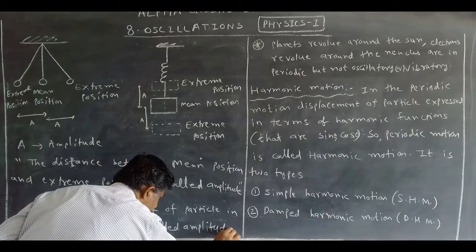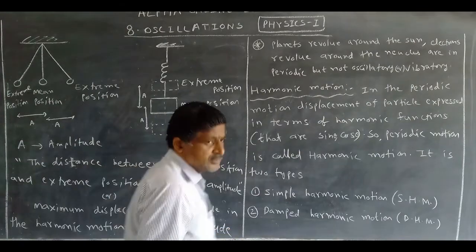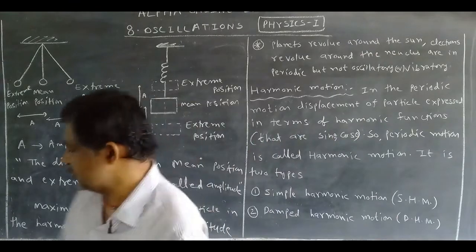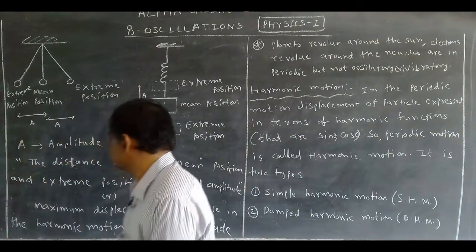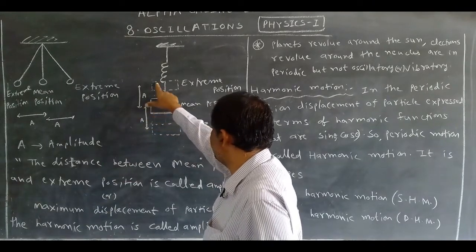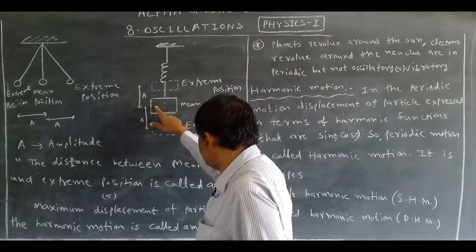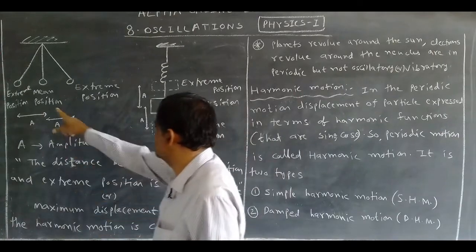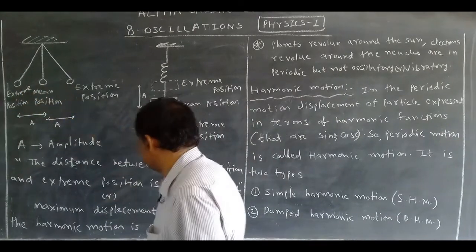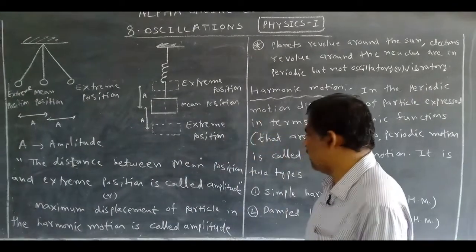What are the two definitions for the amplitude? The distance between mean position and extreme position is called amplitude.